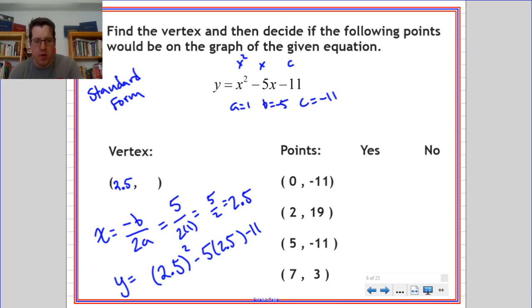Okay, so that's what it looks like plugged in, and then you can use your calculator or you can use your brain to evaluate that. 2.5 squared is 6.25. -5 times 2.5 is -12.5, and then the -11 just carries down. When I combine those, I get -17.25. So that's the y-coordinate of my vertex.